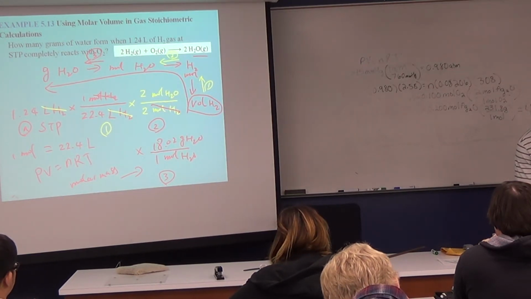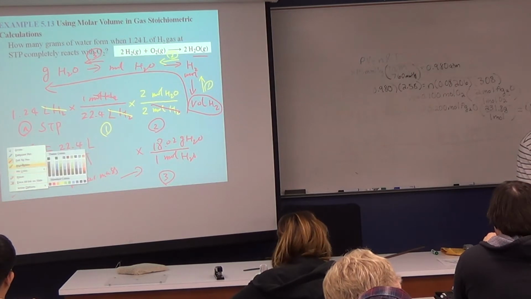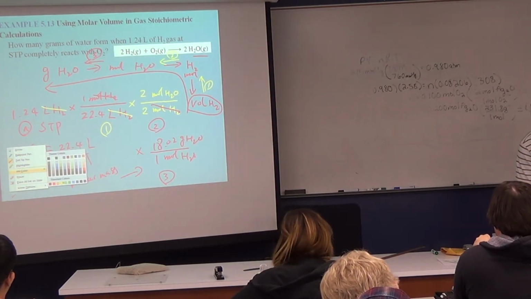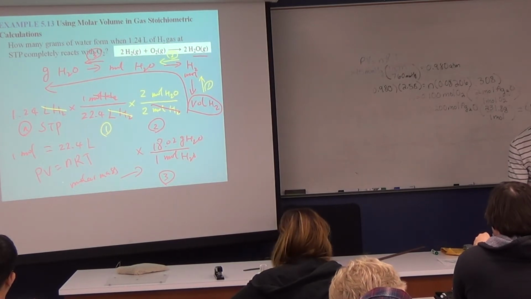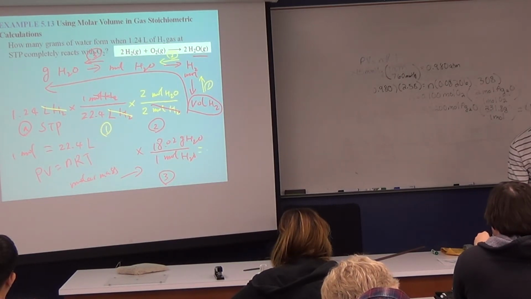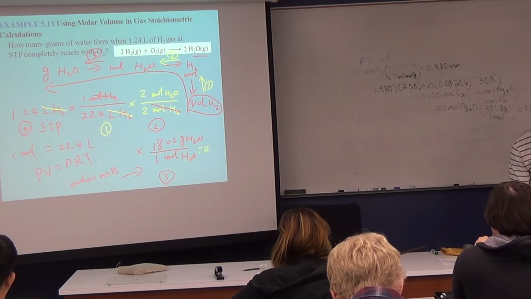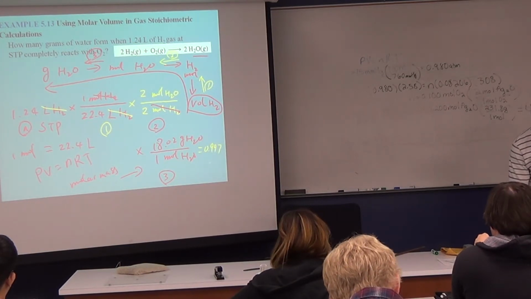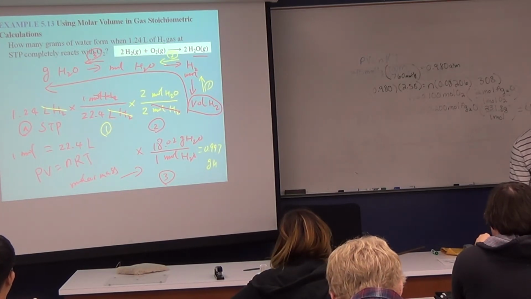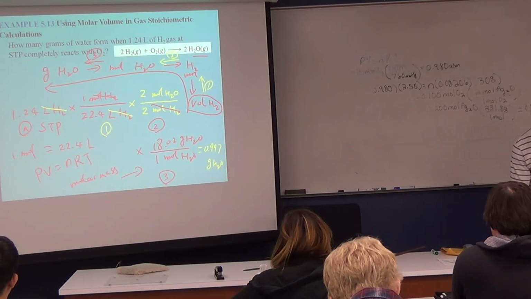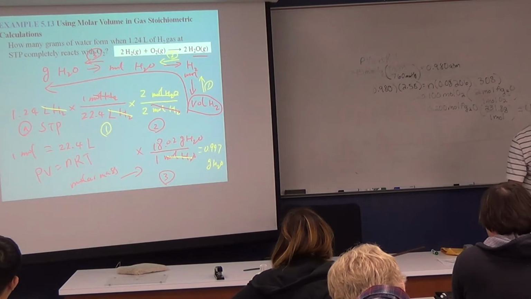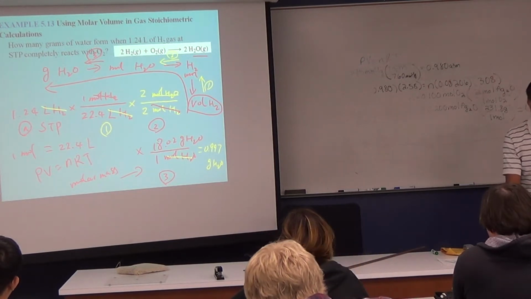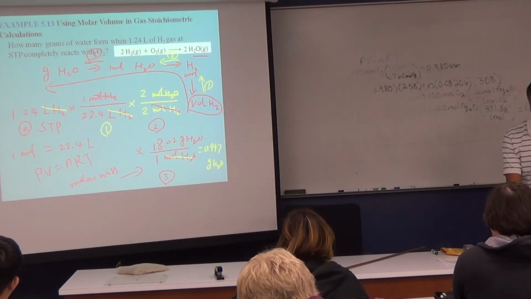Now let's see what will come out. What will come out? So you get 997, which is grams. See, this mole water cancels with that mole water, and the only unit left over is grams of H2O.